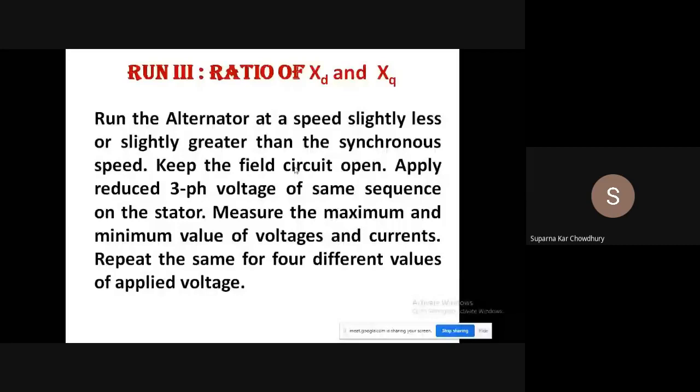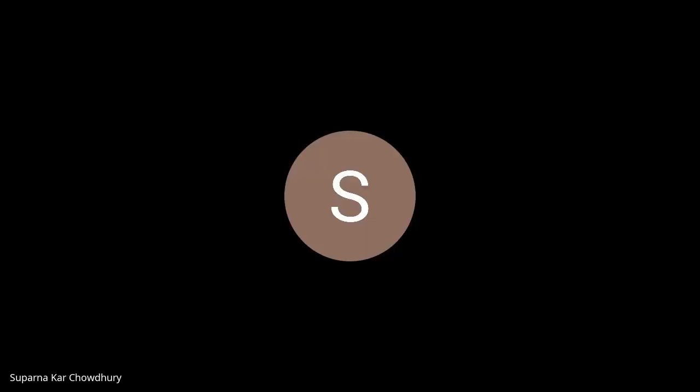So to avoid the error, what is actually determined from this slip test is the ratio of Xd and Xq. And Xd, as I have told, is determined from the open circuit and short circuit test. Knowing the ratio from here, we can determine Xq.